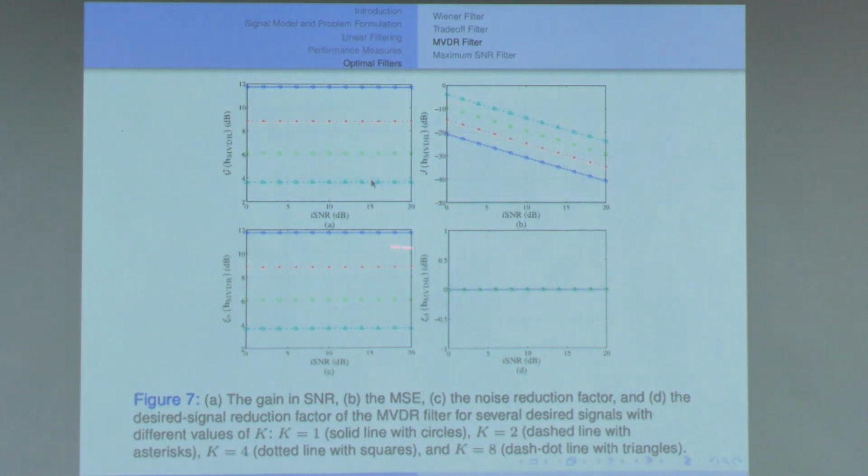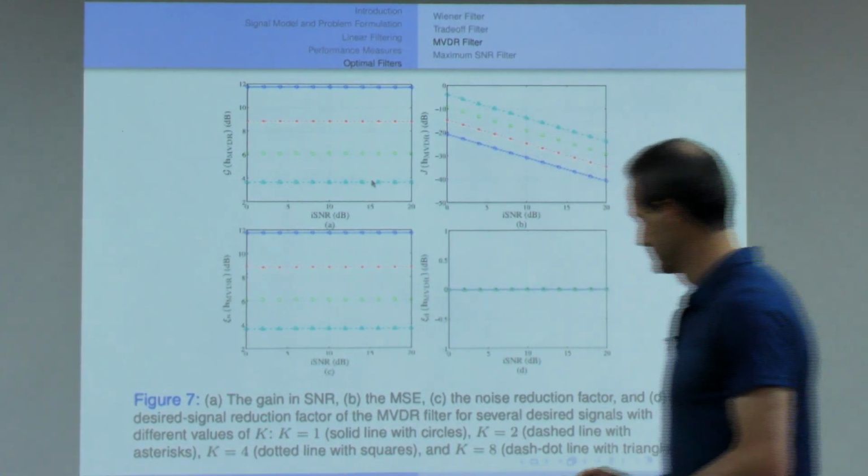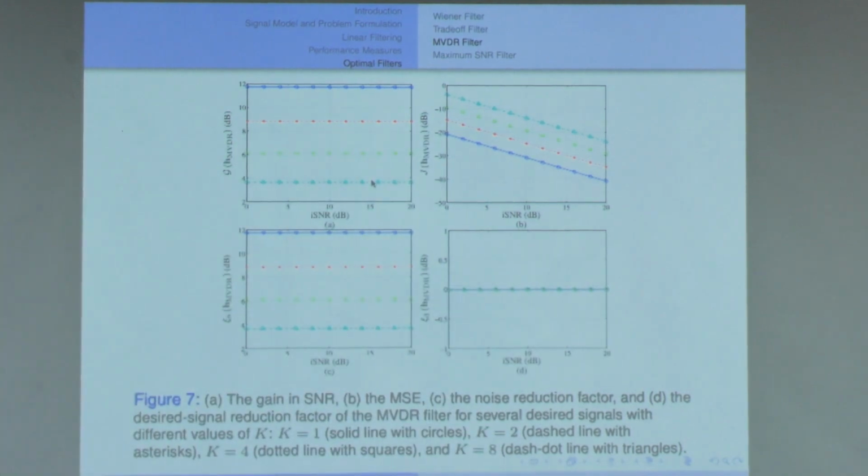If we increase K, we have less noise to decrease, and the MSE increases, because the MSE comes only from the residual noise. If we have more noise, the MSE increases. Any questions? Okay.